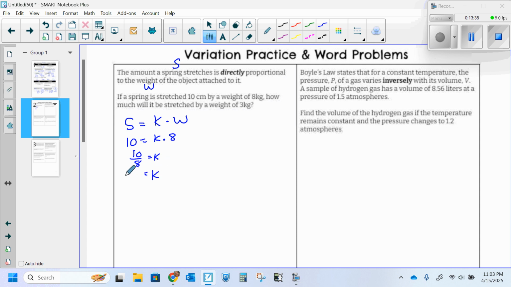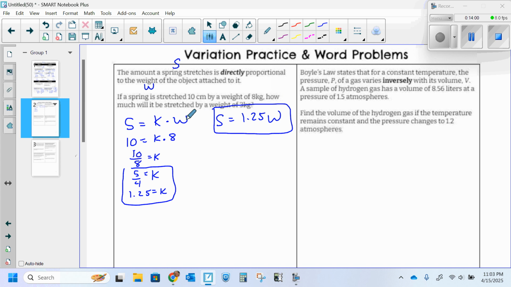Let's go ahead and change that to a decimal. So that's 1.25. So S equals 1.25 W, I'll put a box around it. And then it says, how much will it be stretched if the weight is 3 kilograms?